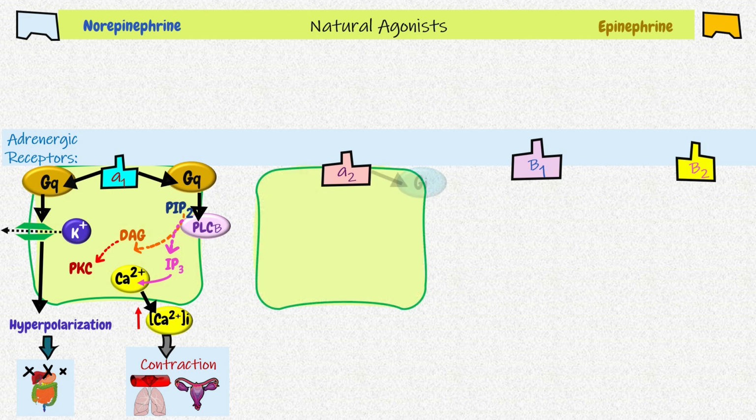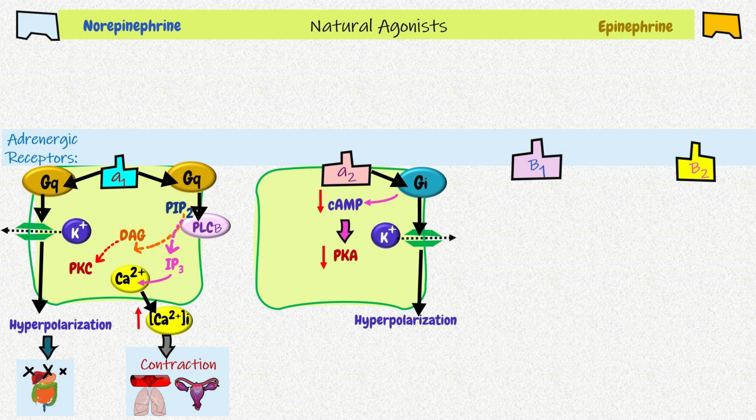Activation of alpha-2 adrenoceptors, mediated by Gi protein, inhibits adenylate cyclase, so decreases cAMP synthesis and protein kinase A. At the same time, it increases the open probability of voltage-gated potassium channels, leading to hyperpolarization.